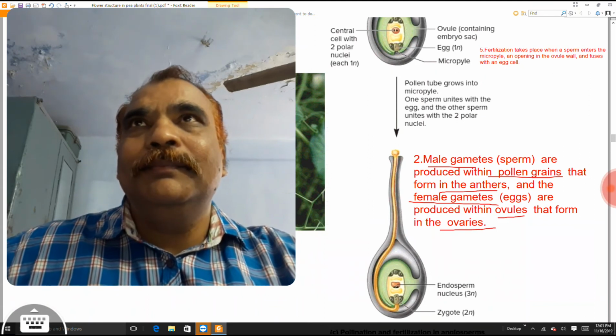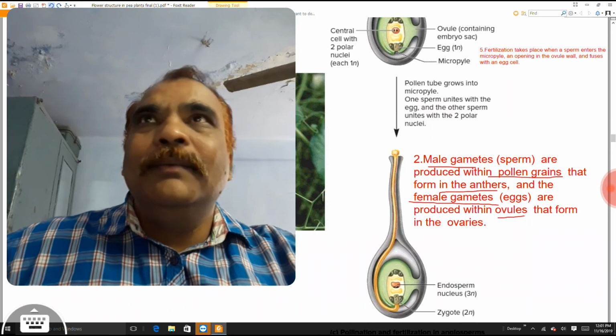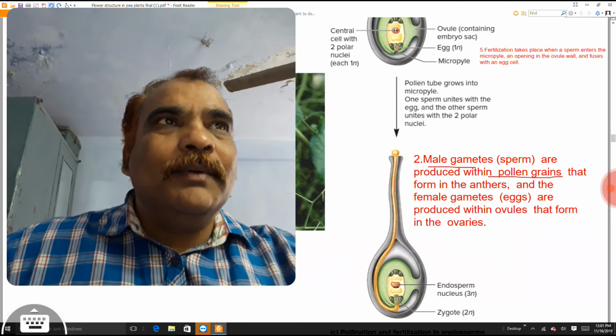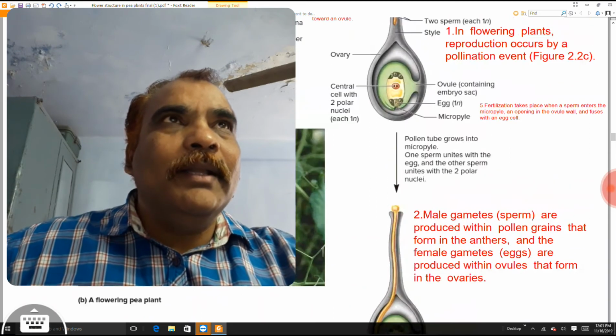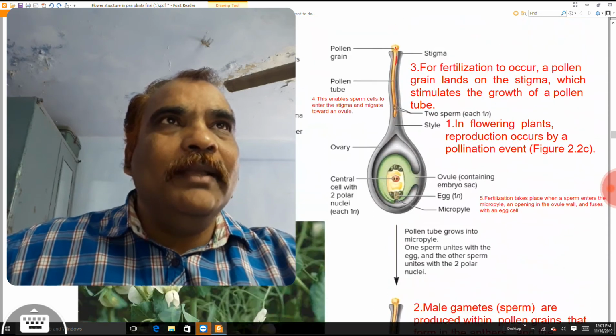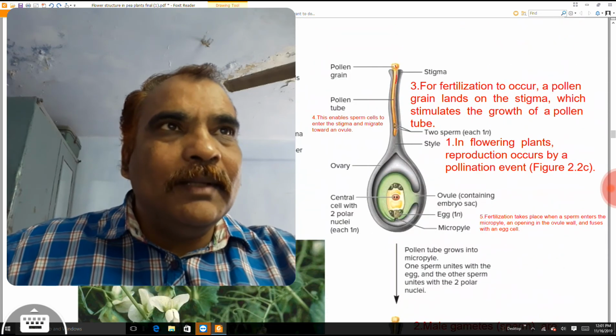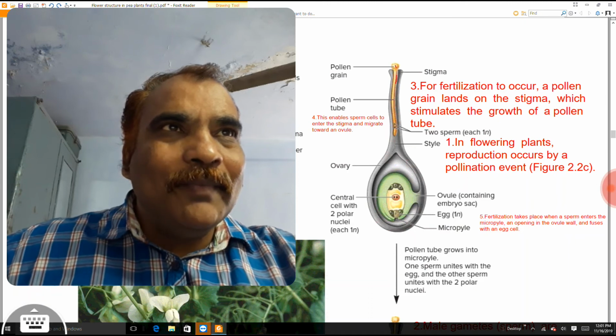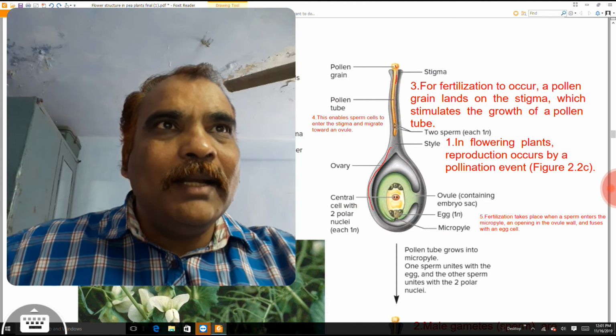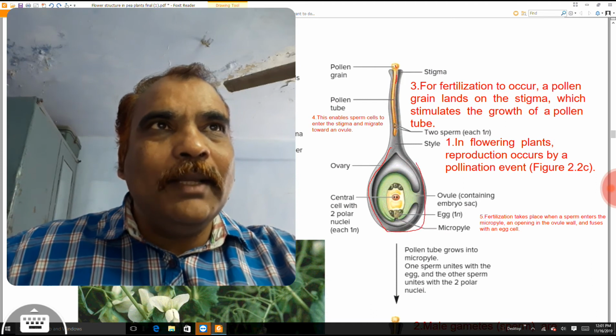Here in the figure, this is the entire ovary they are showing.